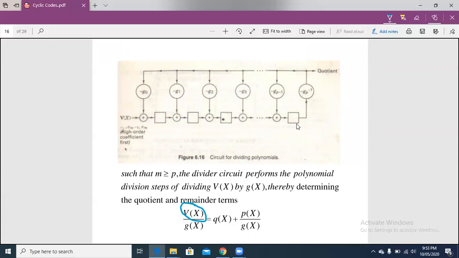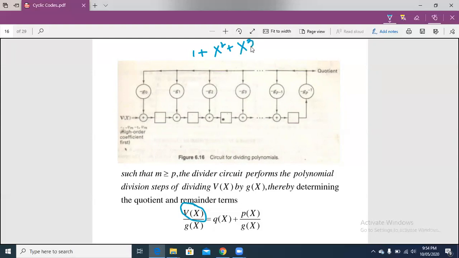We will have the generator coefficients here of the generator polynomial. For example, if we have 1 plus x2 plus x3, which branches do we have?